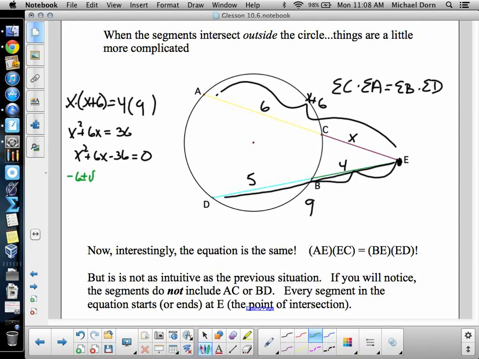Negative 6 plus or minus the square root of 6 squared minus 4 times 1 times negative 36, over 2 times 1. It's negative 6 plus or minus the square root of, oh boy, 36 plus 4 times 36, 180.